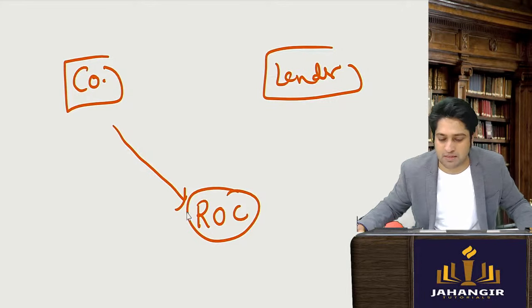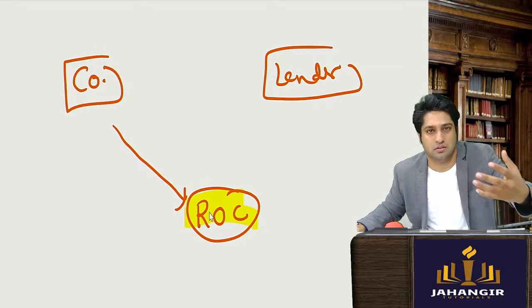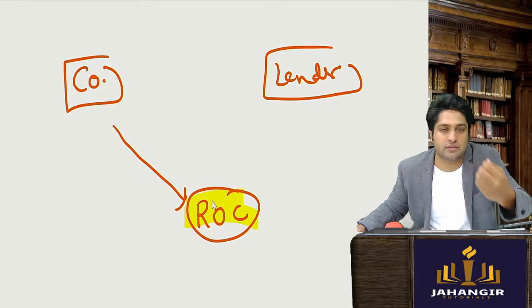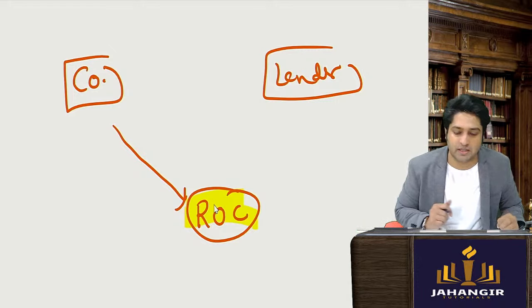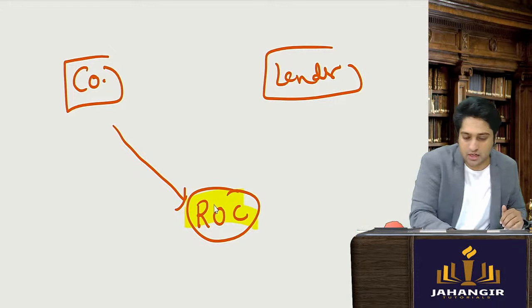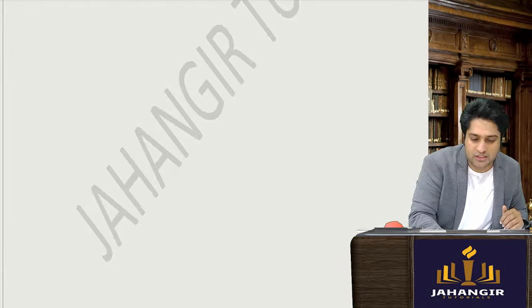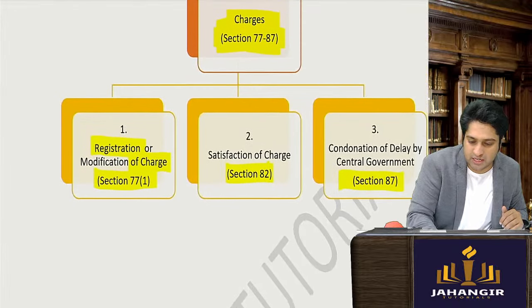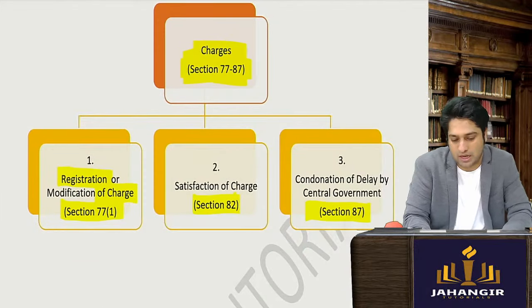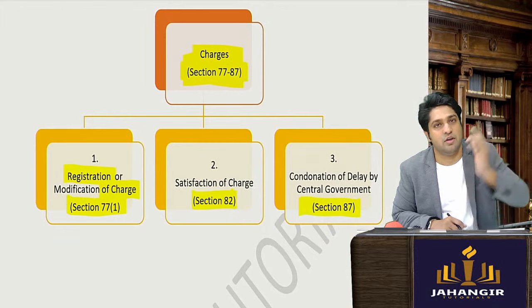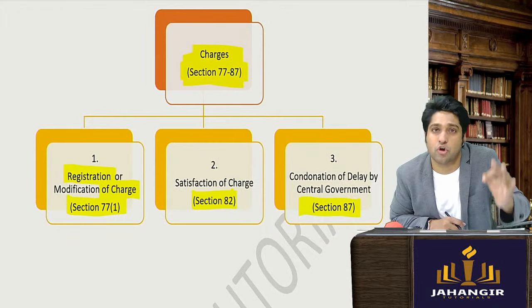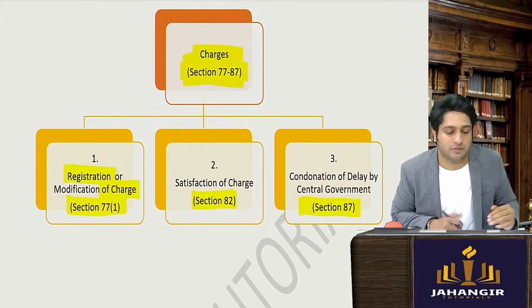So the law says that the moment you create a loan, or the documentation is complete, come and inform us. Clear till here? That is called registration of charge, which has to be informed to the ROC under section 77 within 30 days of creation of the charge.